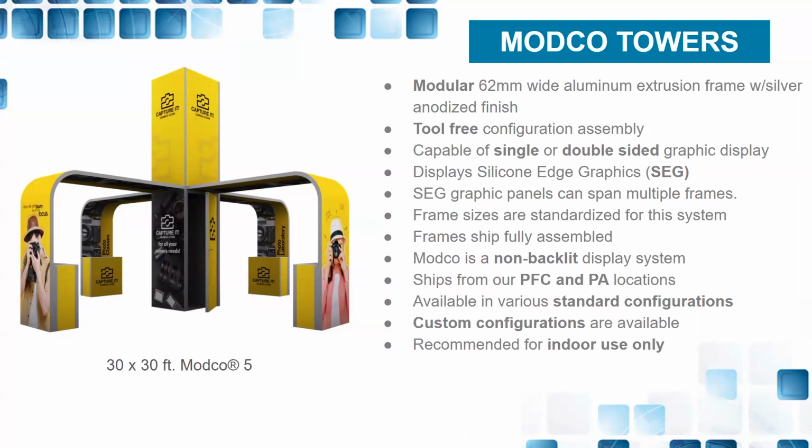It is our modular extrusion to create wall systems and different displays. It is a tools-free configuration assembly, as opposed to what you just saw with Big Sky. We use some connecting clamps that you'll see here in the next graphic, which shows how that product goes together in case you have not had the opportunity to utilize the frames with the holes.